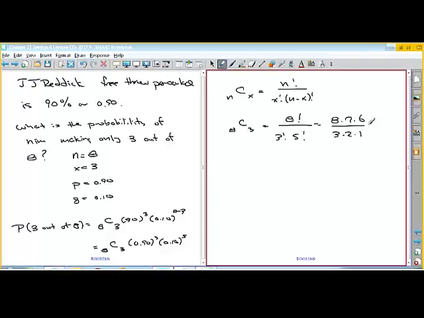Here you start at 8, and here you start at 3. So that ends up being 56. Okay. So now the probability is going to be 56 times 0.9 to the 3rd power times 0.1 to the 5th power. So let's see what you get there.